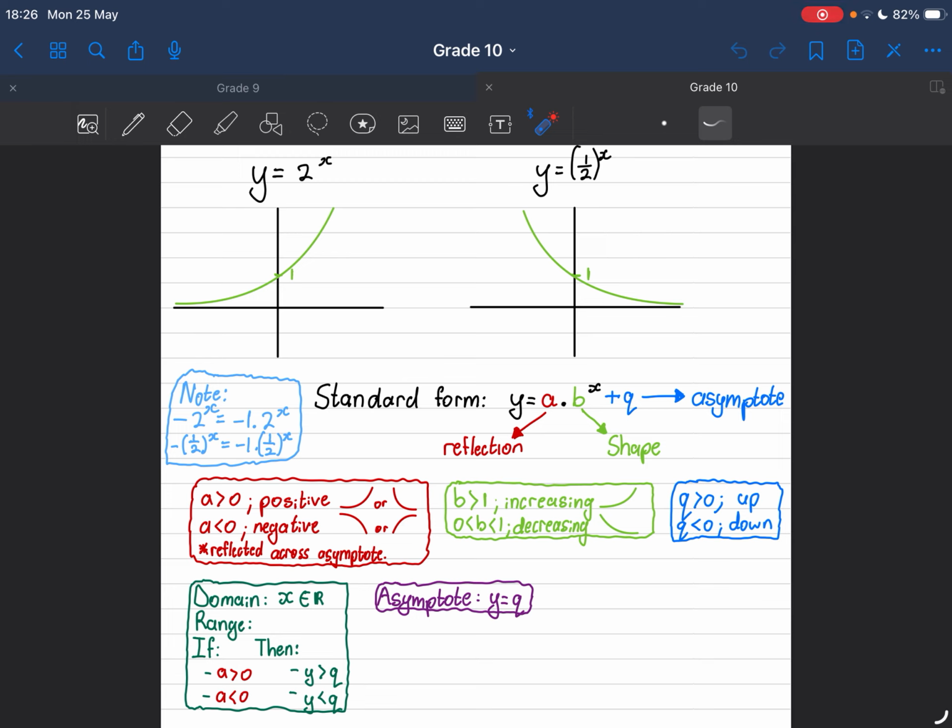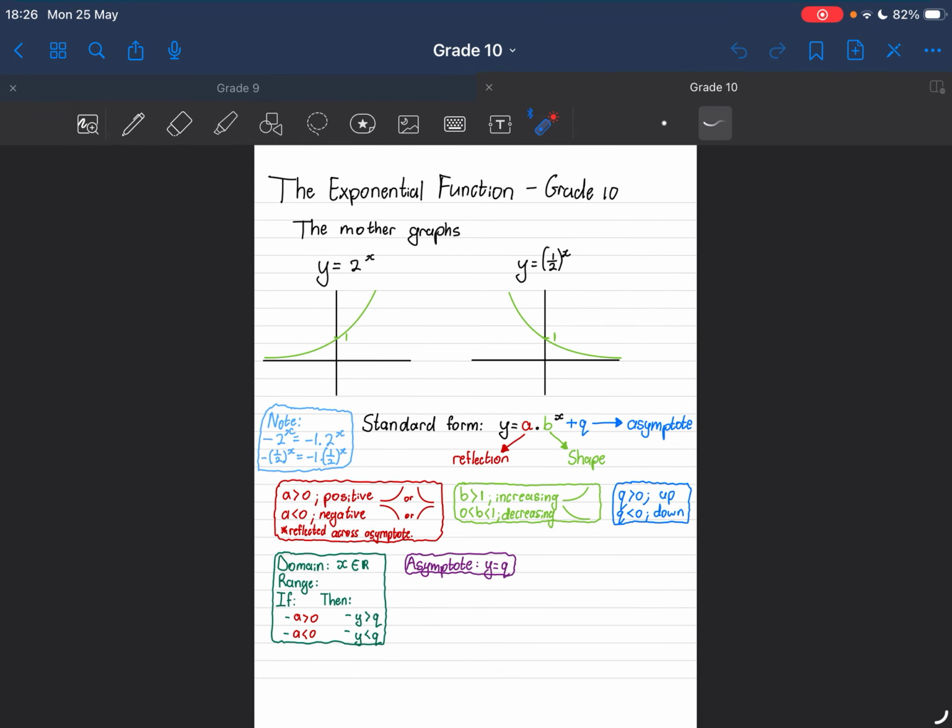But if our a value, on the other hand, is less than 0, meaning our graph has flipped and is now going downwards, then the range is y is less than q, y is below the asymptote, the q value. So these are the basic concepts for your exponential graph. Next, we're going to learn how to sketch it and how to find the equation.